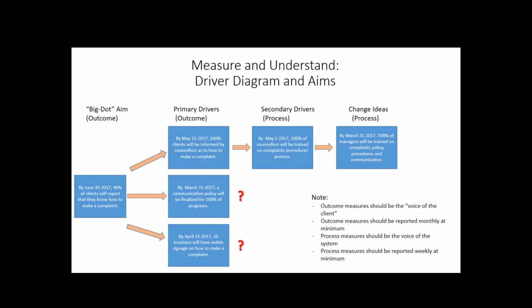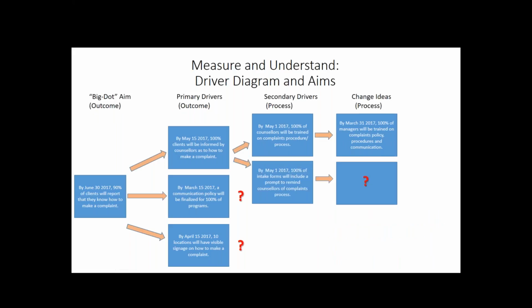And so hopefully, if that's done, it'll help improve the number of clients who get informed of the complaints process, and that will therefore increase the number of clients who self-report they know how to make a complaint. And we develop our change ideas with respect to that. The first being that managers will be trained on the complaints policy, because we identify that in our 5 whys as being a barrier for us.